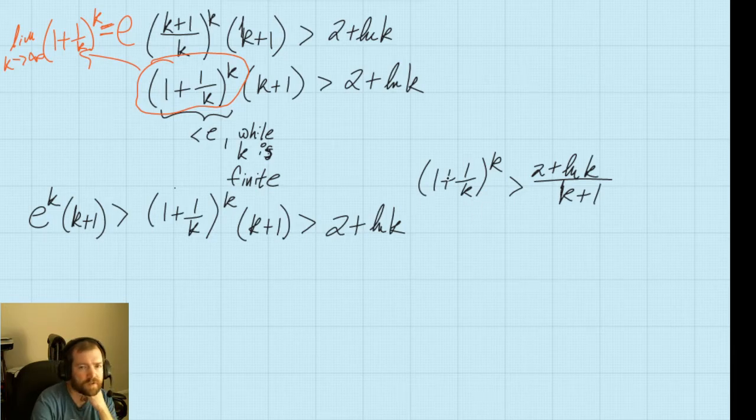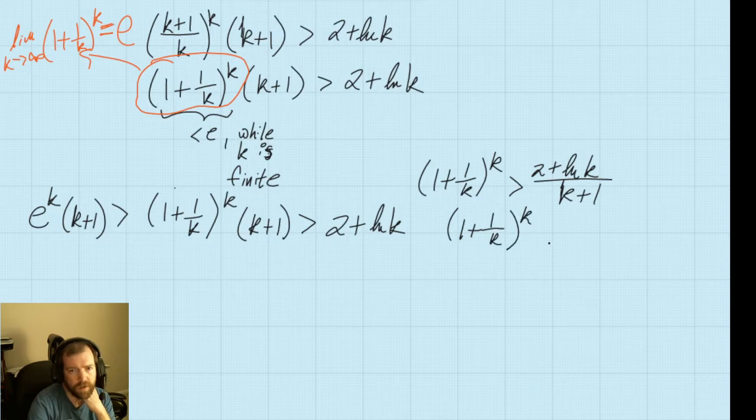Alright, stupid idea. So 1 plus 1 over k raised to the k is always greater than 1. Because again, if we're talking compound interest, you're always getting more than the $1 principal that you put in, no matter what.